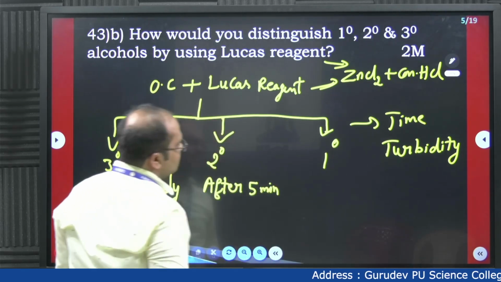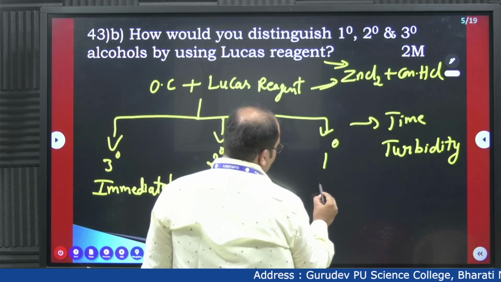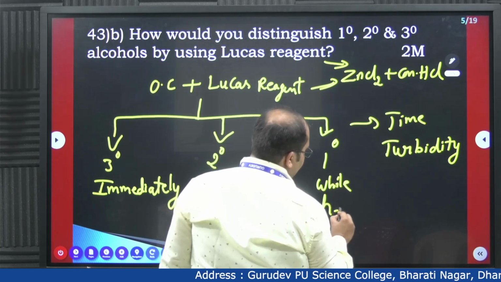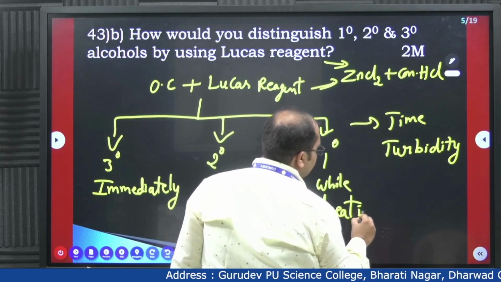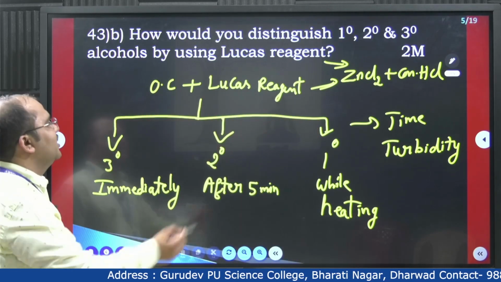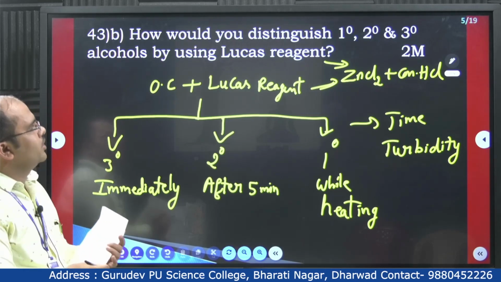For the primary, only while heating do you get the turbidity. That is the formation of the Lucas reagent test.